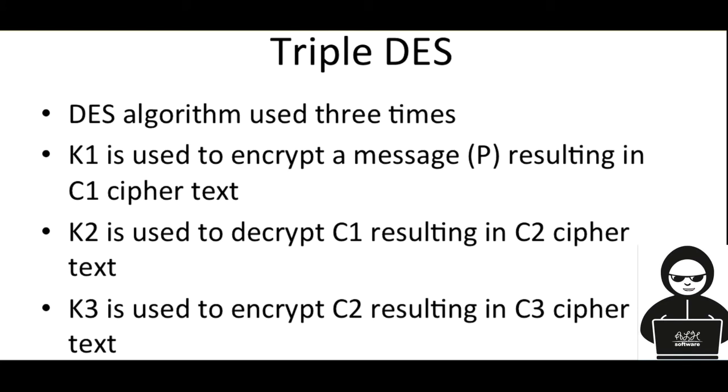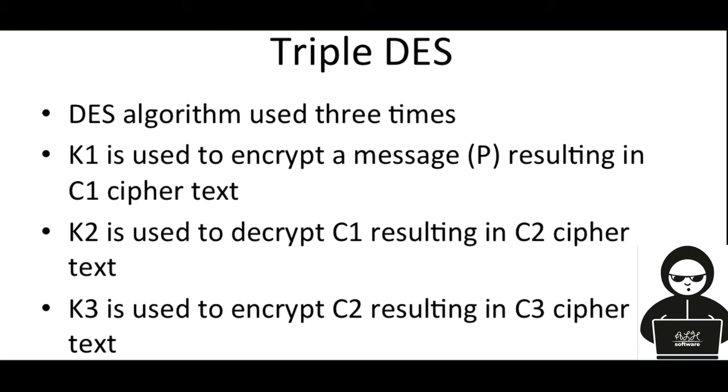Triple DES isn't 3 times the strength of DES necessarily, it's really DES applied 3 times. And what I mean by that is, we take a plain text message, and let's call that P, and we're going to use a key that we'll call K1 to encrypt the message, and that's going to result in ciphertext, and we'll call that C1.